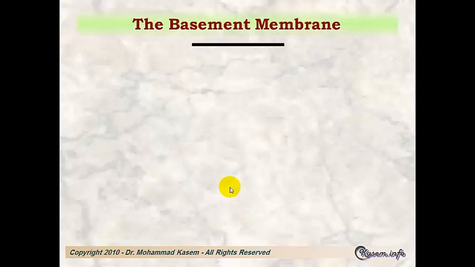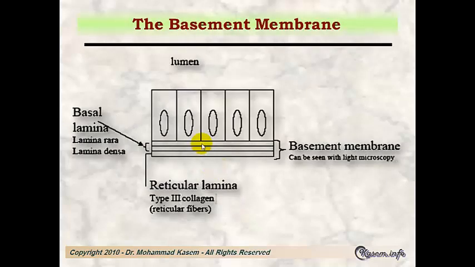The basement membrane has a particular structure. It is composed of a basal lamina. The basal lamina has a lamina rara and a lamina densa, and then a reticular lamina below, which is composed of type 3 collagen of reticular fibers.